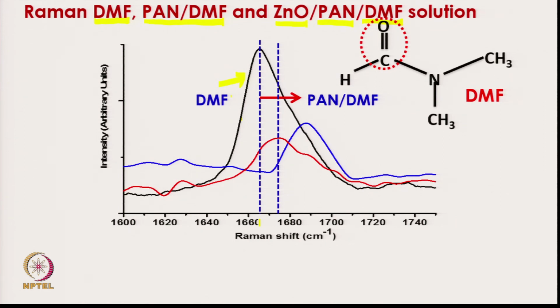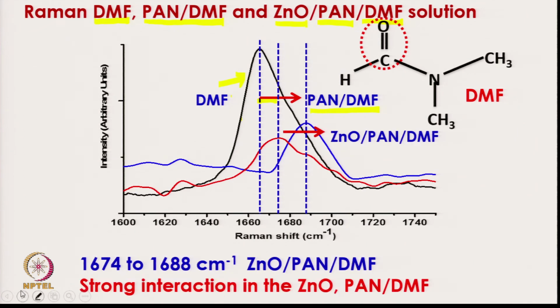So, at around 1660 we had a peak for DMF, and when we added PAN to this solvent, then what happens, this peak shifts to slightly more than 1660, actually it was 1665, now it has gone to 1675. So, this has shifted, and then when I go further and add zinc oxide to it, then what happens, this peak shifts further. Now, this peak has gone to almost 1685, almost 1690 approximately.